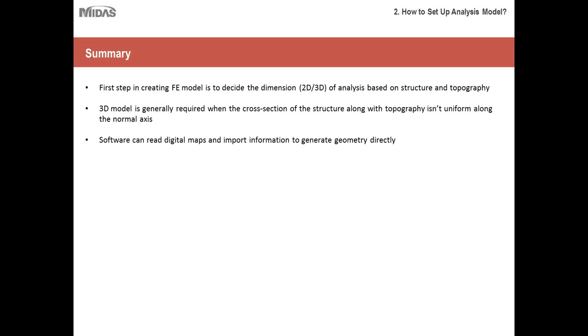And the software can read digital map and import information to generate geometry directly. So there are good software out there which can directly read complex geometry data from your digital maps and create geometry.